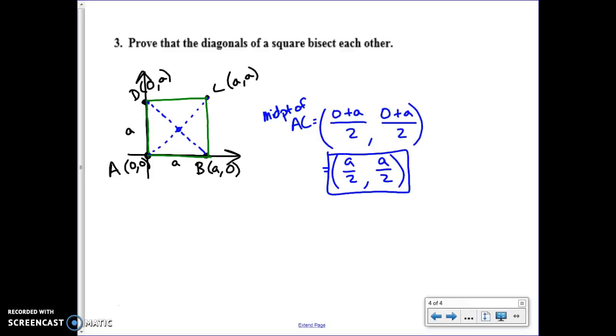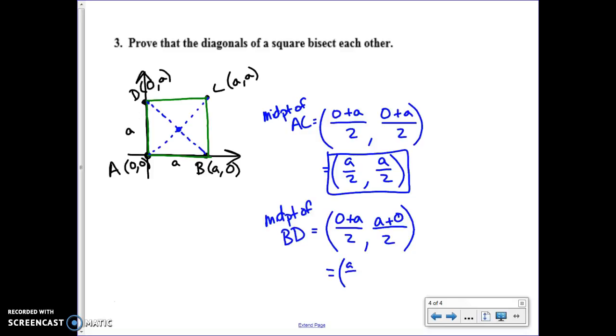And I'm finished with that one. Then I have the midpoint of my other diagonal, which is BD. So I have 0 plus A, and I divide that by 2. And then I have A plus 0, and I divide that by 2. So I end up with A over 2 and A over 2. And since we have the same midpoint, we know that they have cut each other in half.